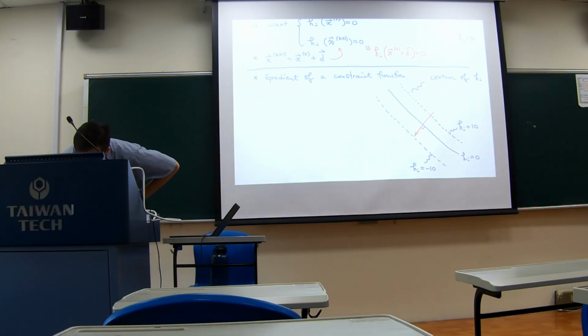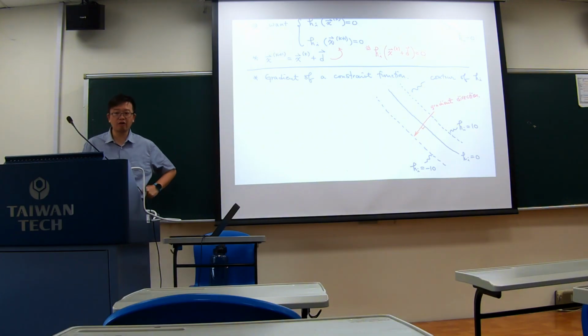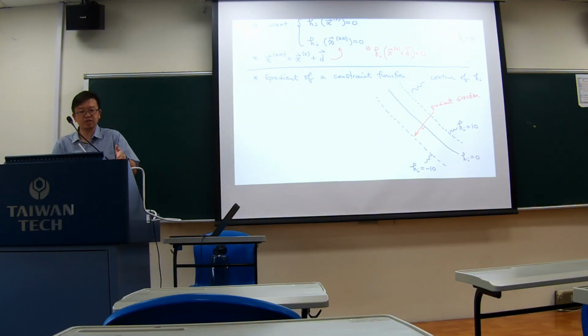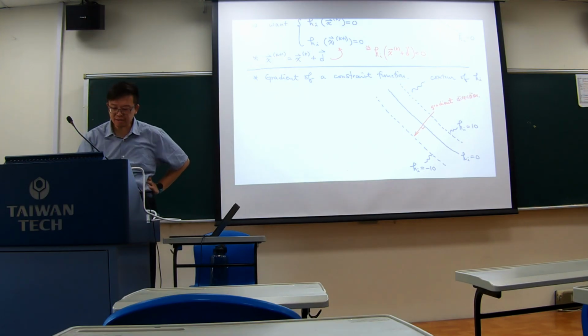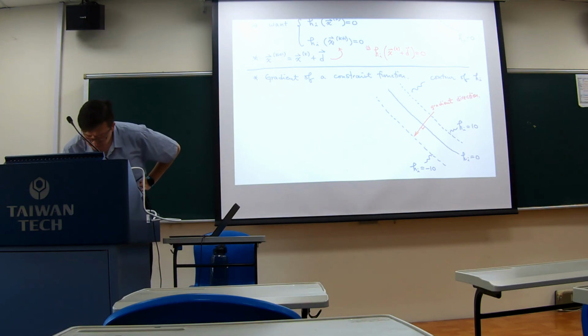So this is actually the gradient, because that's where your function value is making the change, right? What's the meaning of gradient? Gradient basically is like this.